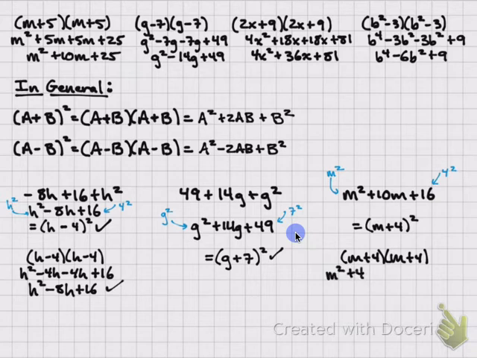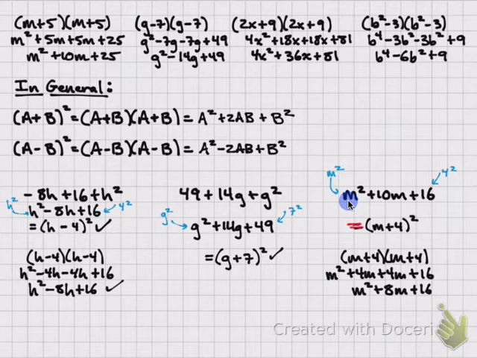We get a 4m. We get another 4m. Uh-oh. Oh, no. So indeed, it appears that this polynomial does not match the product of m plus 4 times itself. So this is not the factorization of m squared plus 10m plus 16.